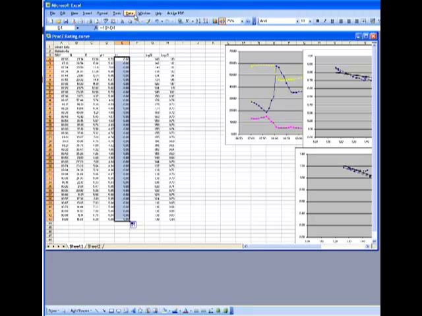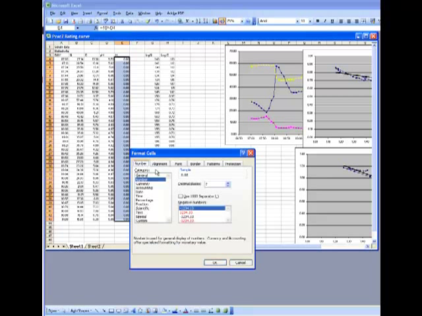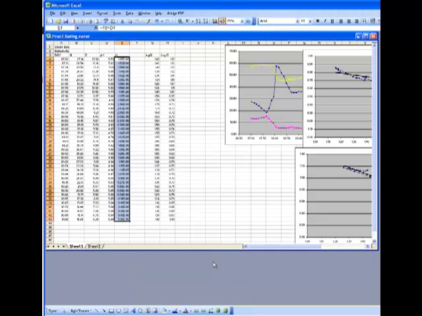These are very small numbers, so if we want to be able to see them, we should format them in scientific format. Okay, so the hydrogen ion concentration, if the pH is 5.73, is 1.85 times 10 to the minus 6. Okay, so that's our hydrogen ion concentration.